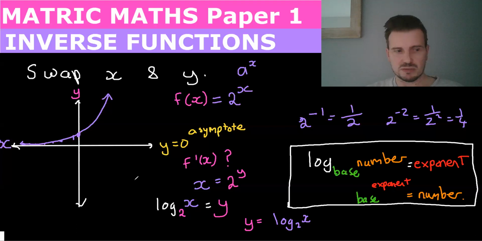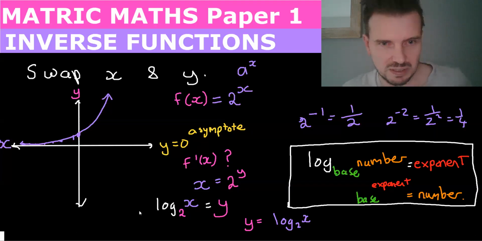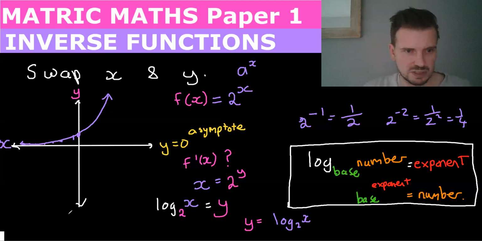Okay, so now we can put in some values. One of the things when we're dealing with an inverse is that because we're swapping x and y, you always have an asymptote that's been swapped. So your asymptote for y equals log 2 to the x is just x equals 0.